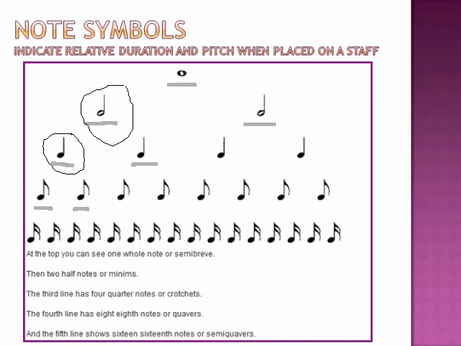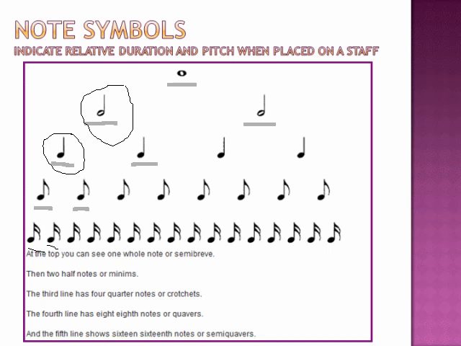If I take an eighth note and I divide it into 2 equal sounds, then I get 2 16th notes. By the way, I'm going to come back and look at the stems here, but if you notice, the whole note has no stem, the half note has 1 stem, and the ball of the note is still not filled in.